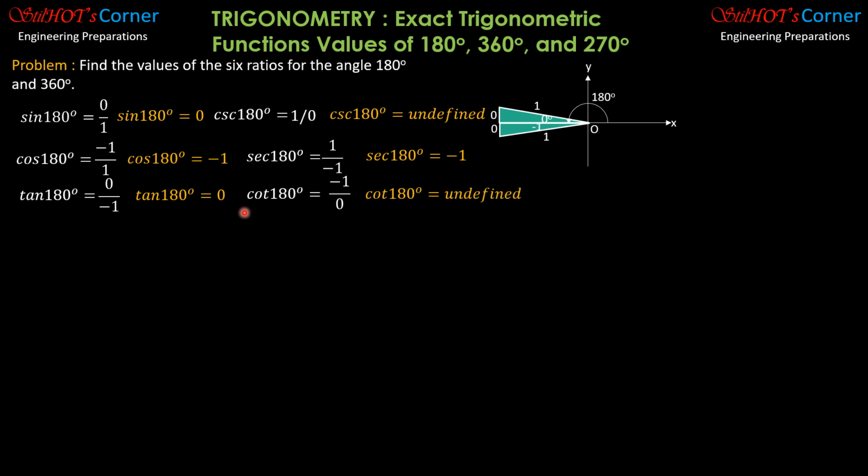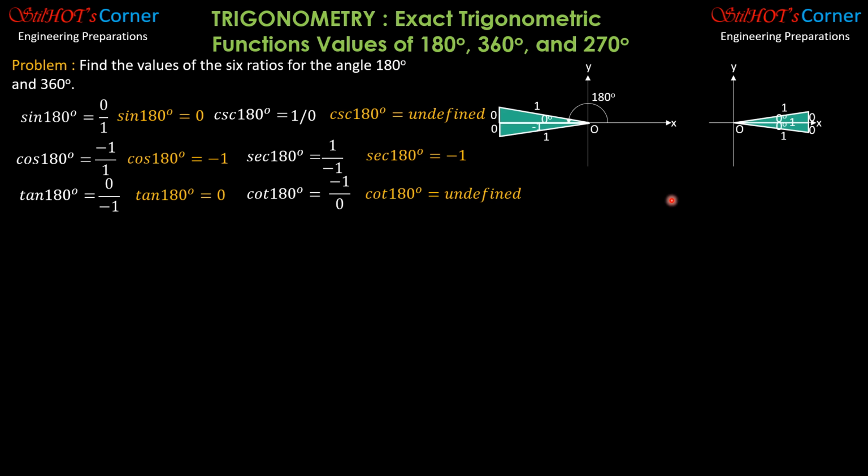Then let's consider 360 degrees this time. So it is like an angle of 0 degrees. We imagine that the angle is 0 degrees, opposite is 0, adjacent is +1 because it is a quadrantal angle and it is in the positive x direction.